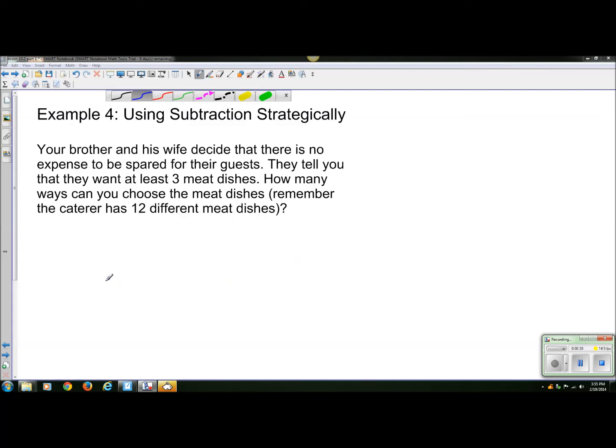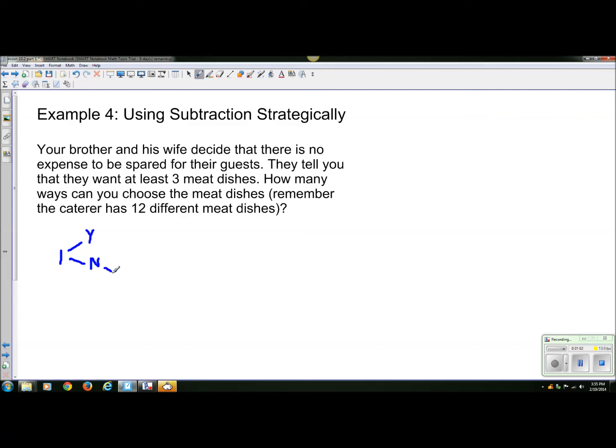I'm going to go back to the idea of the tree diagram and the fundamental principle of counting. Let's look at meal number 1. Maybe it's chicken piccata. I don't know. But the point is that you could either take meal number 1 and put it in there, I'll put a little yes here, because you want it. Or maybe you don't want chicken piccata. Well, let's say you didn't choose chicken piccata.